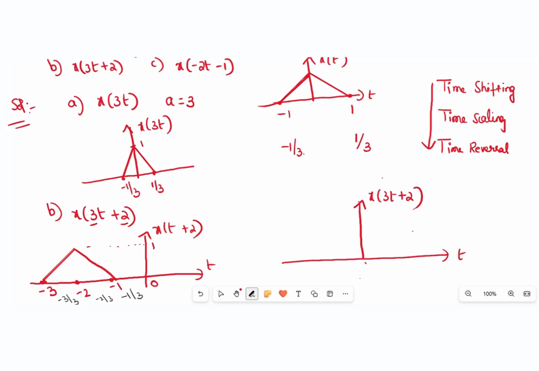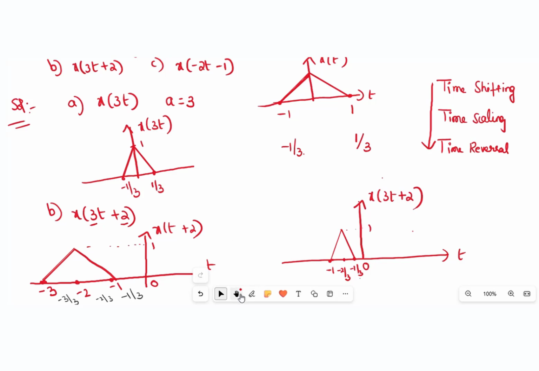So what are the points? In the scaled version, the points are minus 1 by 3, minus 2 by 3, minus 3 by 3 is 1. So again the amplitude is 1 only. So this is the waveform. So first shift the signal and then scale.